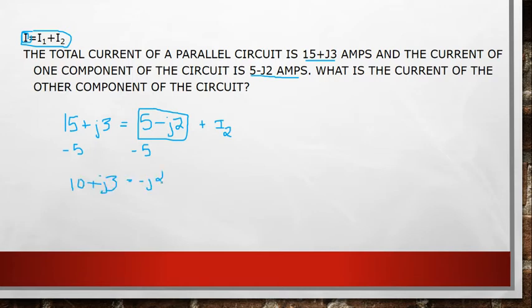Now I need to get this negative j2 to the other side, so I'm going to add j2 to both sides. Then I have 10 plus j3 plus j2, and 3 plus 2 gives me a 5, so I have 10 plus j5 equals I2. So the current in my other component is 10 plus j5.